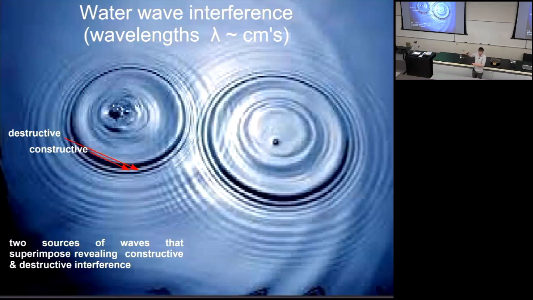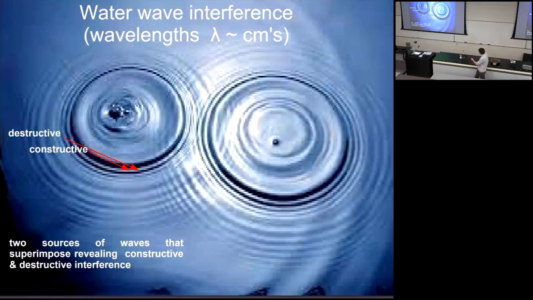Between the regions of bright and dark, where you're getting larger crests and larger troughs due to constructive interference, are actually regions of destructive interference, where the water's surface is almost smooth. The color is somewhere between the bright and dark. That's where you're getting the destructive interference of crest meeting trough and trough meeting crest.